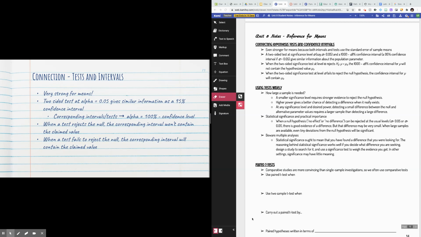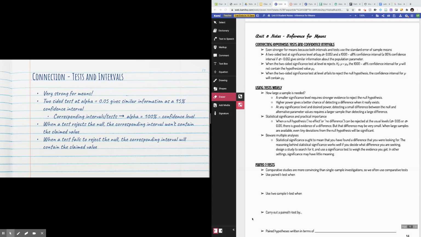So especially for means, the connection between tests and intervals is really, really strong, even stronger than for proportions. That happens mostly because both intervals and tests use the standard error of the sample means. If you remember with proportions, confidence intervals have to use the sample proportion when calculating their standard error, but in the hypothesis test, we use the pooled proportion.